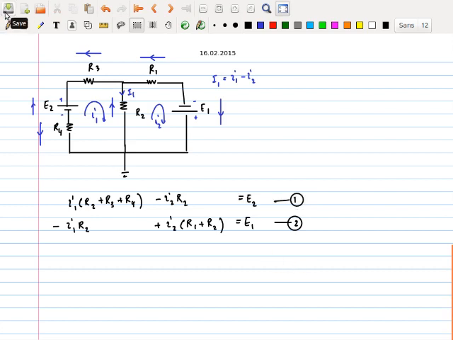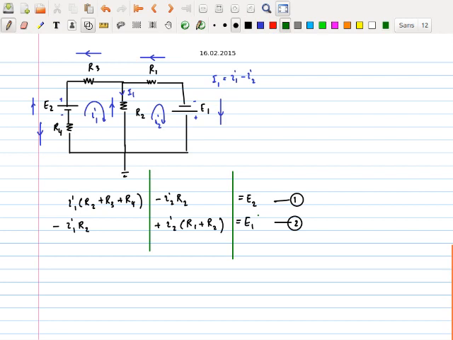Now if I look at this, I clearly see in these equations 3 different segments. I see a segment here, a segment here, and a segment here. Look at the first one.